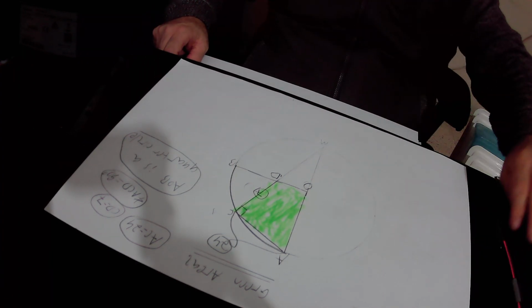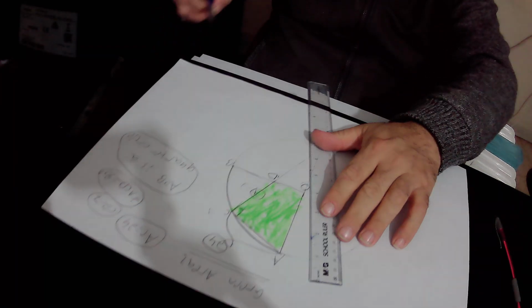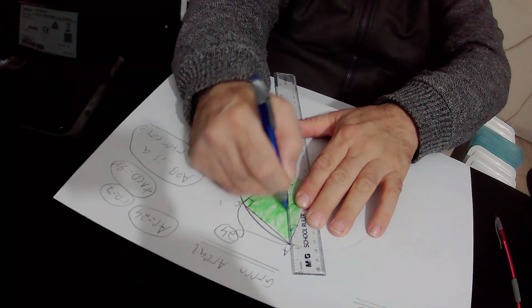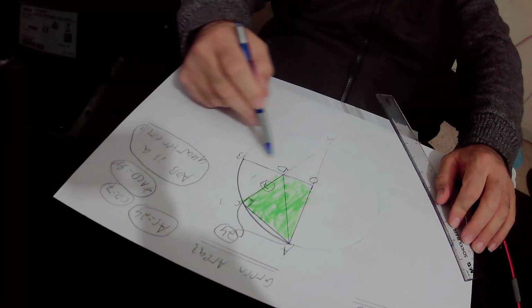In the second method, we'll join points A and D together by a straight line. By joining points A and D, we created the right green triangle ACD.